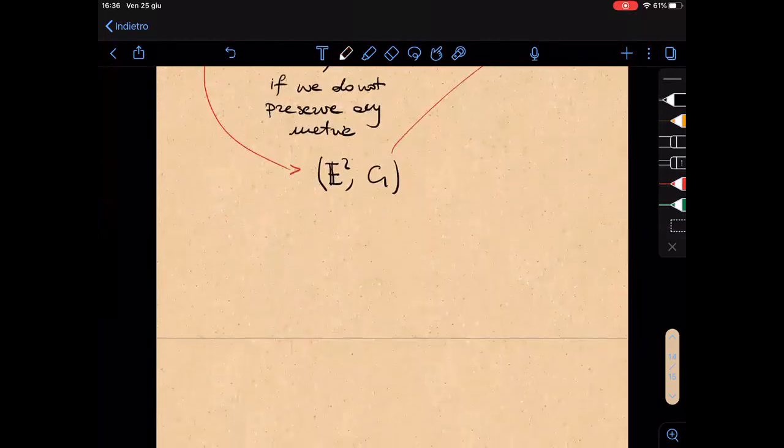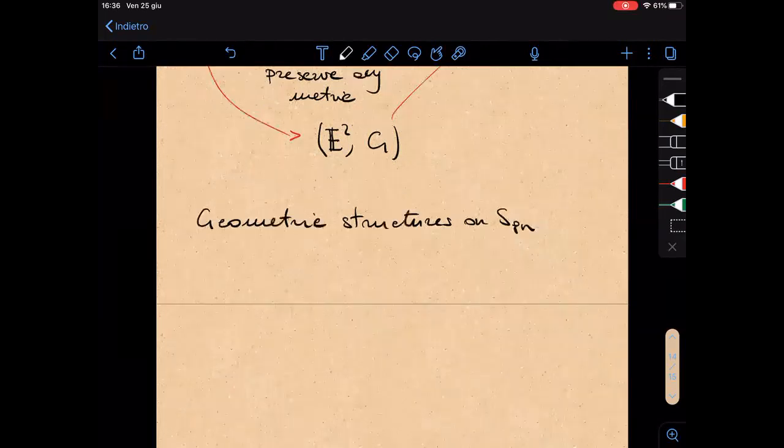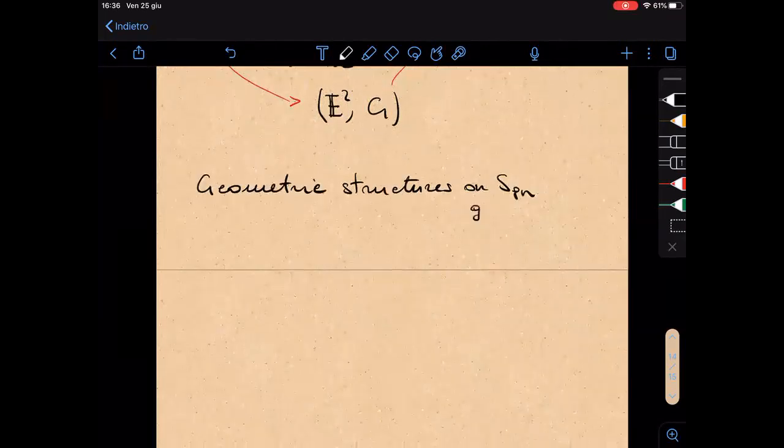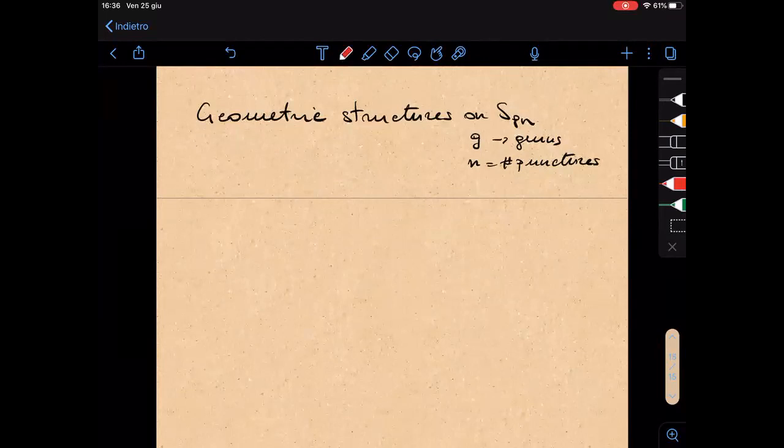Well, then geometry structures on surfaces S_{g,n}, where g is genus and n is the number of punctures. Well, what is a geometry structure on a surface?